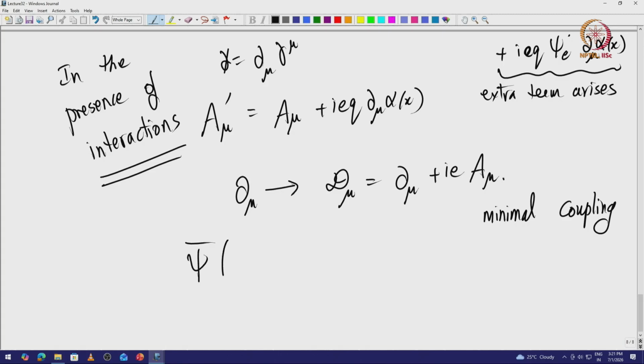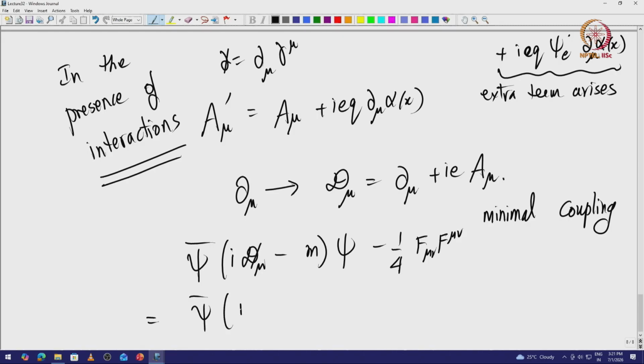Psi bar i del slash minus m psi minus 1 by 4 f mu nu f mu nu. Let me expand this. Psi bar i (del mu plus i e a mu) gamma mu minus m psi minus 1 by 4 f mu nu f mu nu.